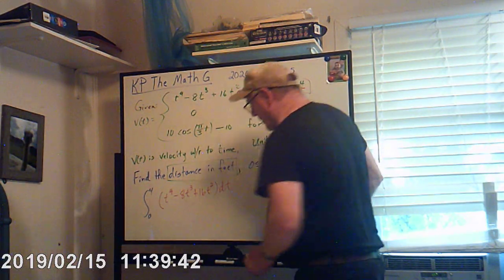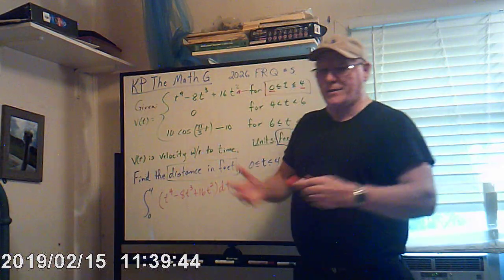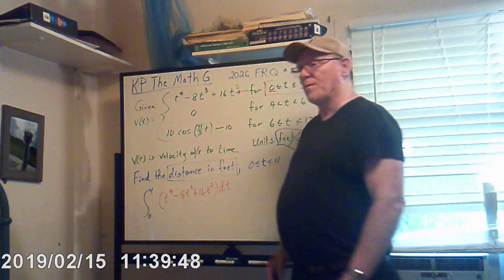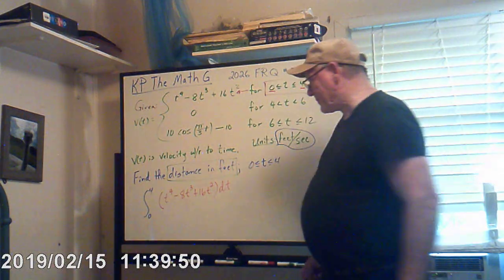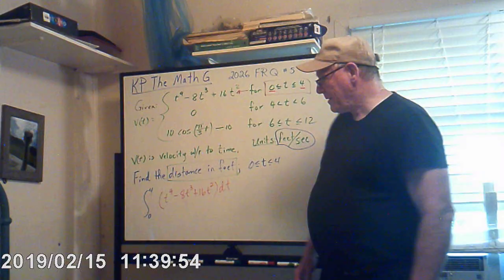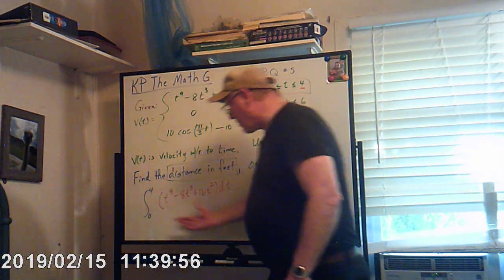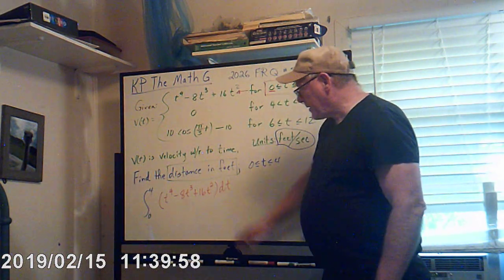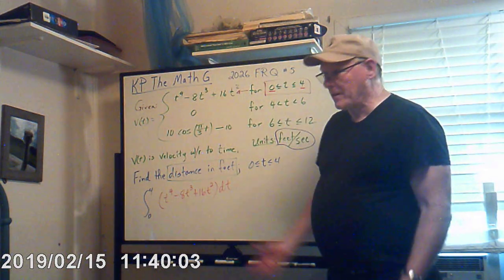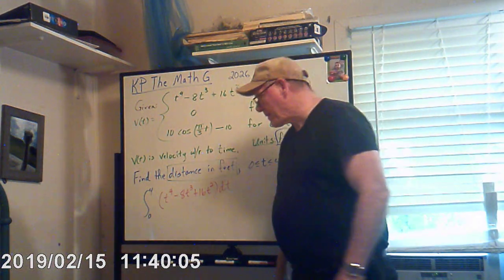I don't know if you get a point just for setting that up, but I would have to say probably so. If they see that you set up the integrand correctly, you've got 1 point for that. At least you got a point, didn't you?